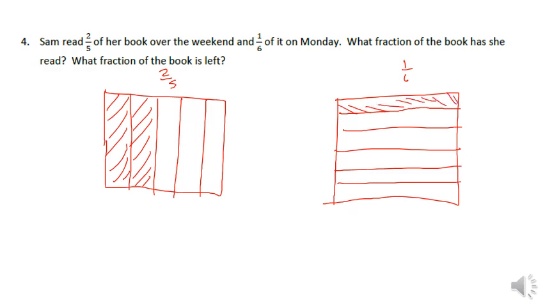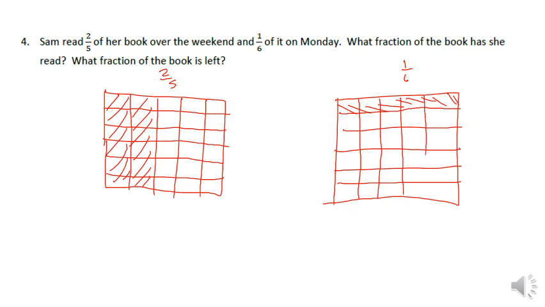Now we're going to combine them, so we know we're going to cut our 2/5 into 6, and we're going to cut our 6 into fifths. Now when we look at them, we have 1, 2, 3, 4, 5 by 1, 2, 3, 4, 5, 6. So we know our denominator is going to be 30.